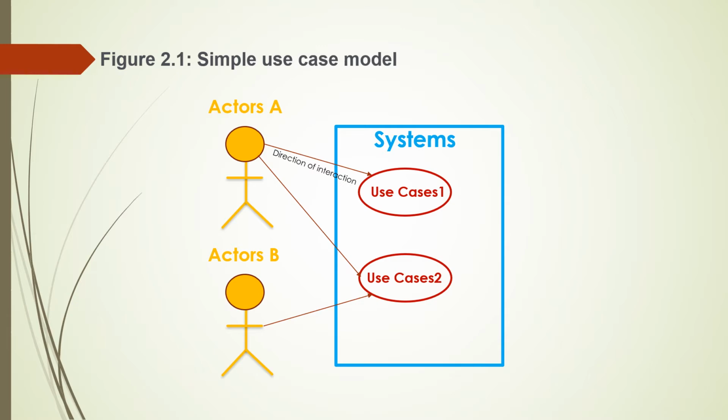In this figure, it shows a generic use case diagram, where actor A participates in two use cases, and actor B in one use case only. This is not part of the official UML use case notation, but can be helpful in including the intention to use the use cases.